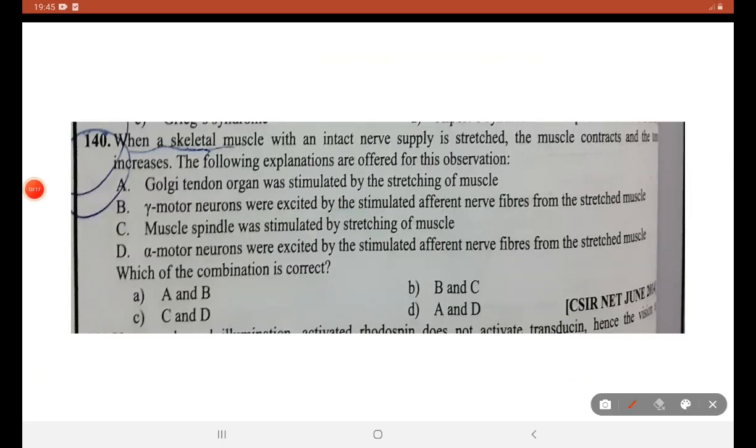Now coming back to the question: gamma motor neurons were excited when stimulated by afferent nerve fibers. The stretching ability of gamma motor neurons is a little less when compared to alpha motor neurons. So B can't be the correct answer; option B is eliminated. Muscle spindle was stimulated by stretching.